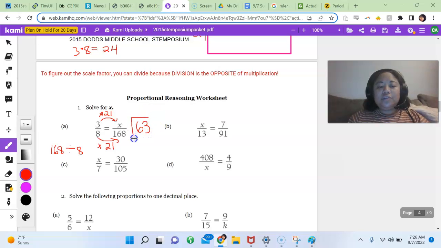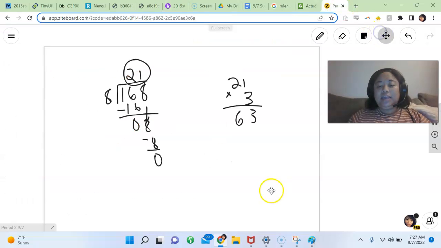So this is your goal for the rest of these problems, okay? Your goal is to figure out what x is by first dividing to find the scale factor. I don't know how to get from 13 to 91. I have no clue. So what I can do is I can do my long division, 91 divided by 13.